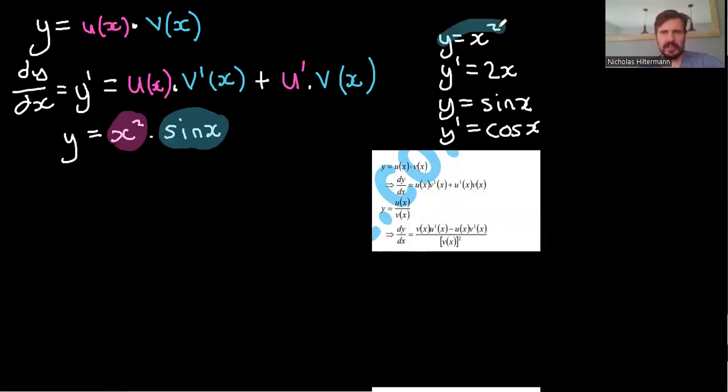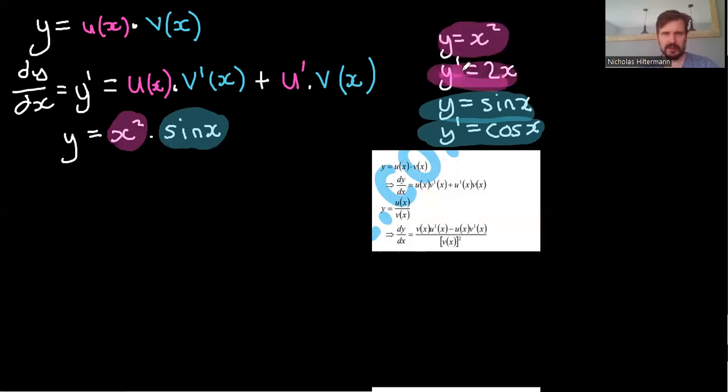So the sine x is the blue bit, and the derivative of the blue bit is here. And then our x squared is the pink part. Okay, so now we can see how they relate, and that's why I say get highlighters for the exam. It does help sometimes to highlight things so that you can recognize what's what.